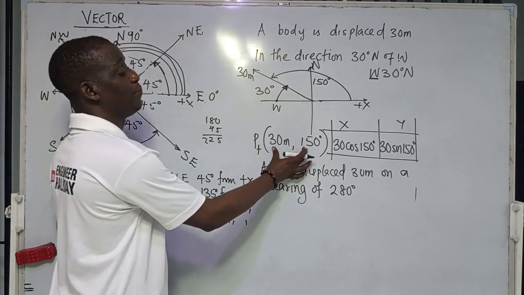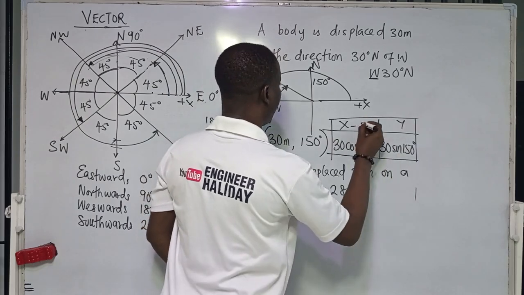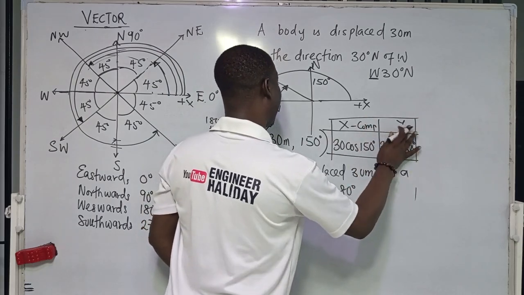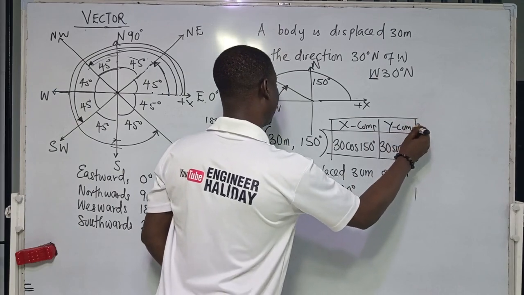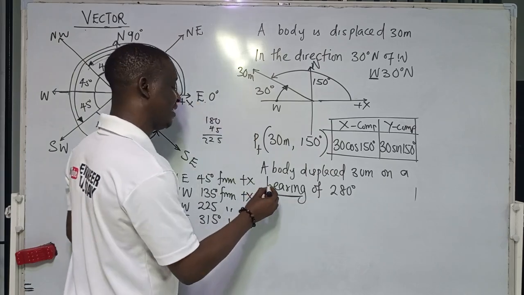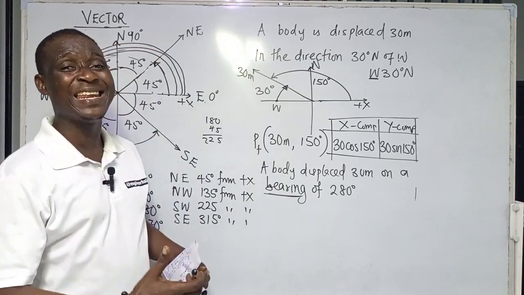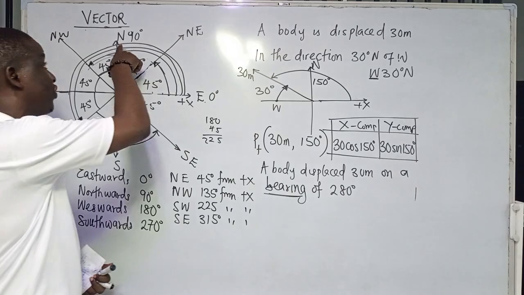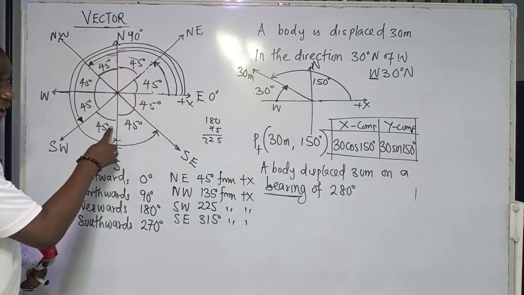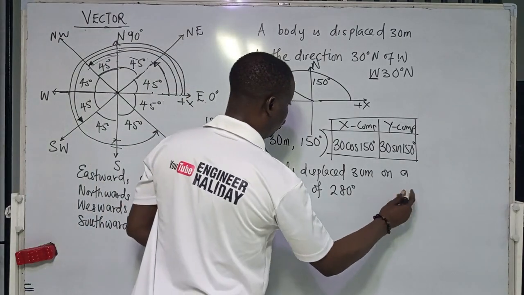How do we resolve it in polar form, into x component and y component? How do we do that? What you're going to do is simply obey the bearing first. What is bearing saying? Bearing angles must be measured from the north in a clockwise direction. I've explained that before.